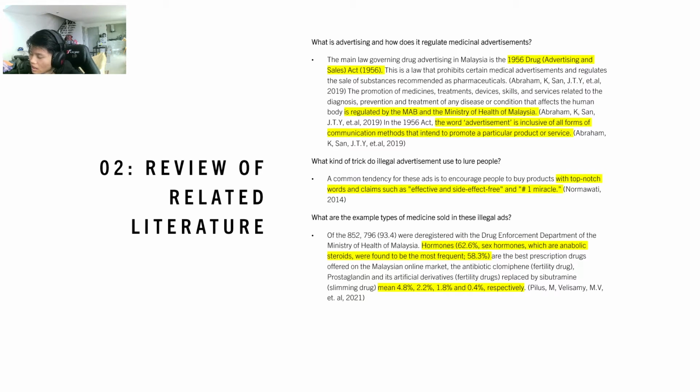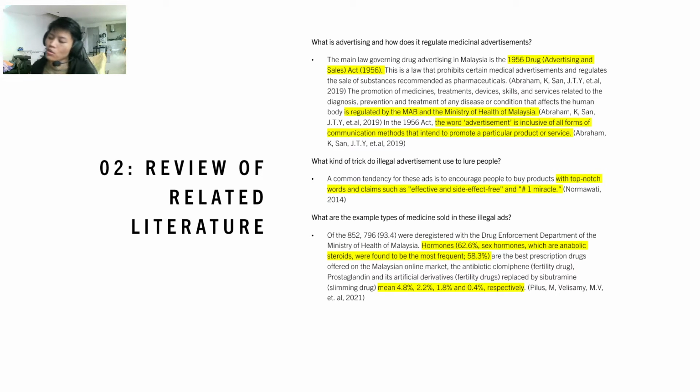Then the antibiotics, clomiphene, a fertility drug, prostaglandin and its artificial derivatives, and sibutramine, which is a slimming drug, accumulate to 4.8%, 2.2%, 1.8%, and 0.4% respectively.